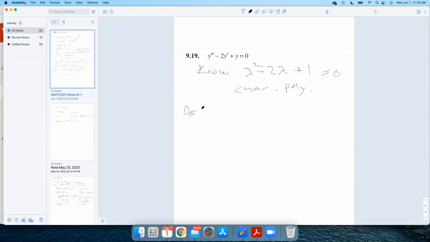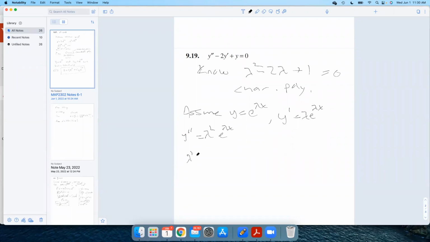Let's see it. We assume y equals e to the lambda x. Then y prime will be lambda e to the lambda x. Y double prime, lambda squared, e to the lambda x. Throw all that in here.